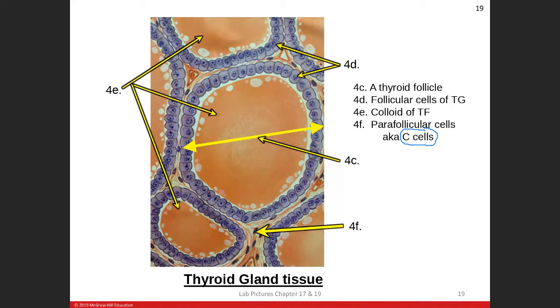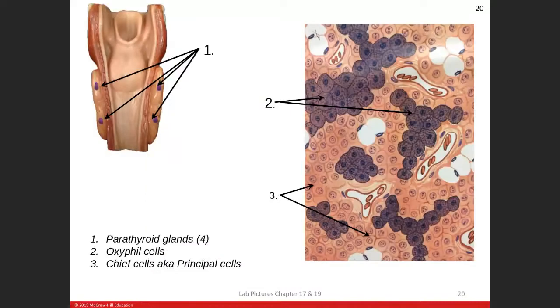That seems like a good place to stop. Oh, wait, I'm sorry. Let me do one more because it's an identification slide. Here you can just see another model. Here you can see the parathyroid glands on the posterior portion.